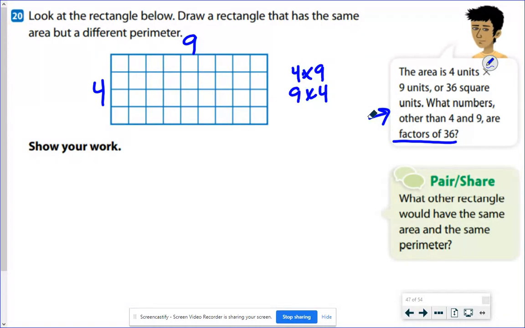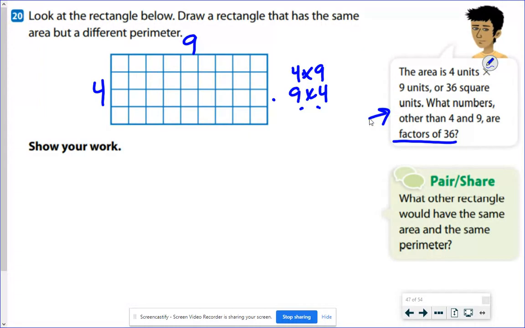When you flip-flop the factors, the numbers that you're multiplying together, all you're doing is just changing the shape, flip-flopping it. So you would still get the same numbers for perimeter if you're just changing the orientation of the shape, like turning your array.